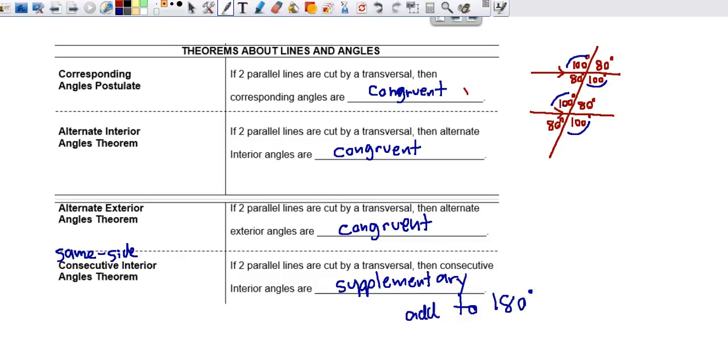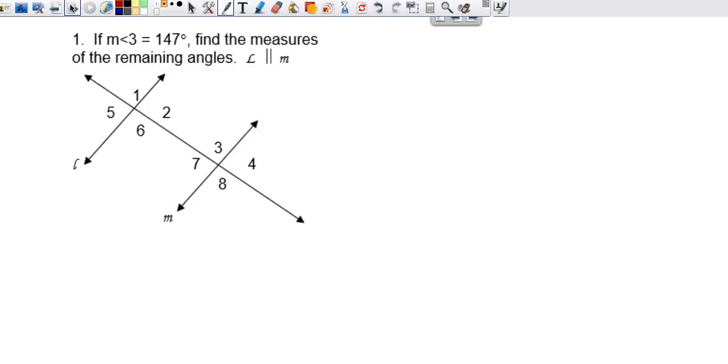So just looking through the examples here, we want to get all the angles on there. If we know that angle 3 is 147, we can write that right on there. You can probably list all the other angles that are 147 just by the fact that they're either vertical or corresponding. So I know the measure of angle 8 is going to be 147 because that's vertical. I know 147 is going to be angle 1 because these are corresponding.